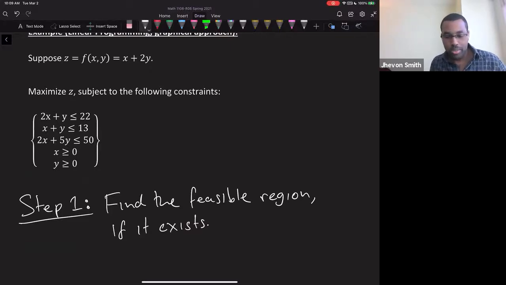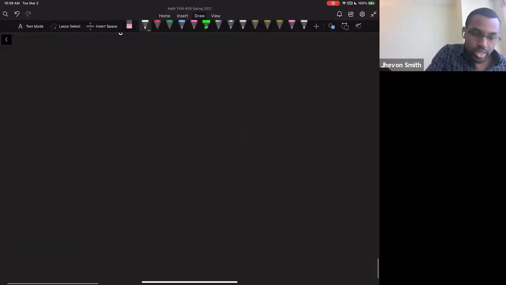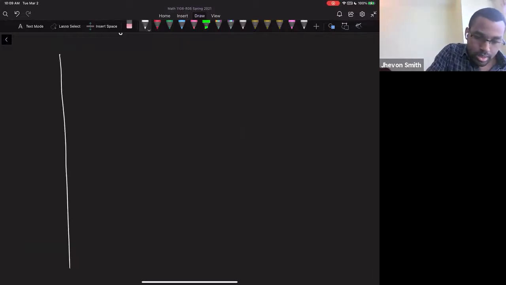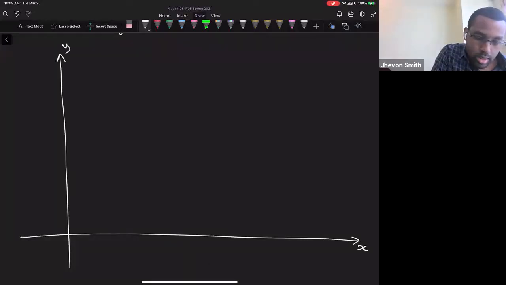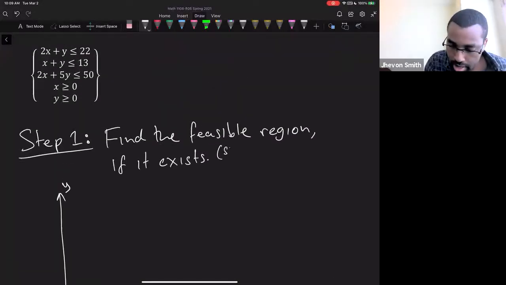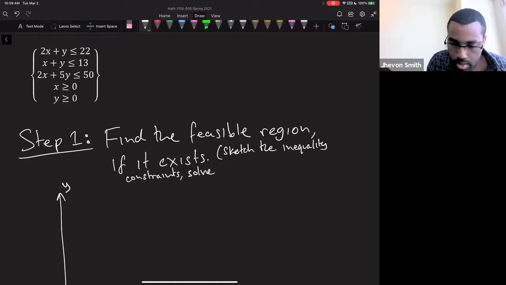But let's assume that we could find a feasible region. So immediately what you need to do is find the feasible region. This means you need to sketch the constraints, sketch the inequality constraints, and find the region that satisfies them.